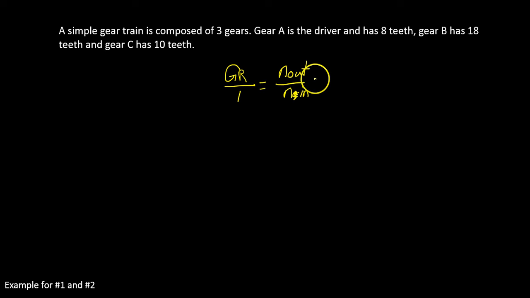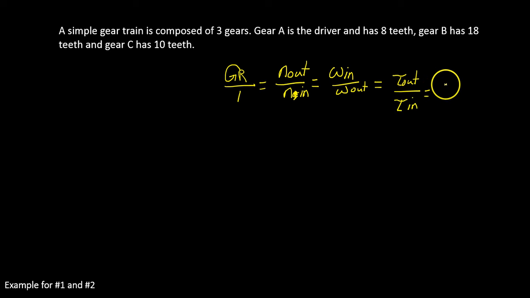And that's also equal to the angular velocity, that is a lowercase omega, angular velocity in divided by the angular velocity out. And that's equal to the torque out divided by the torque in.